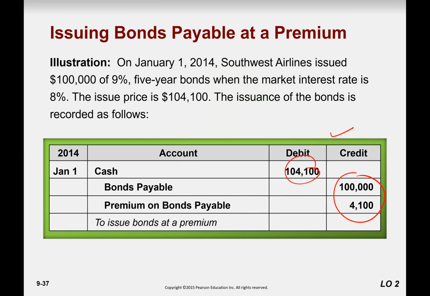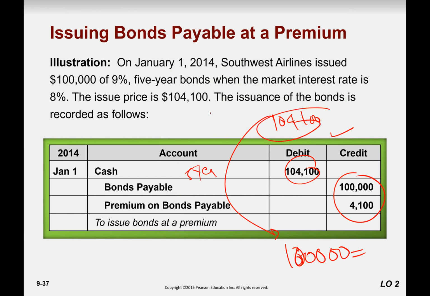Our liability is not 104,100. Our liability is 100,000. So at the end of 5 years, we have to pay 100,000, not 104,100. It means gradually the bond value decreases.